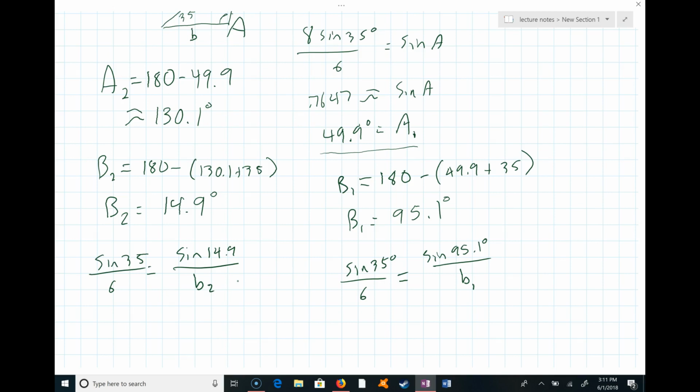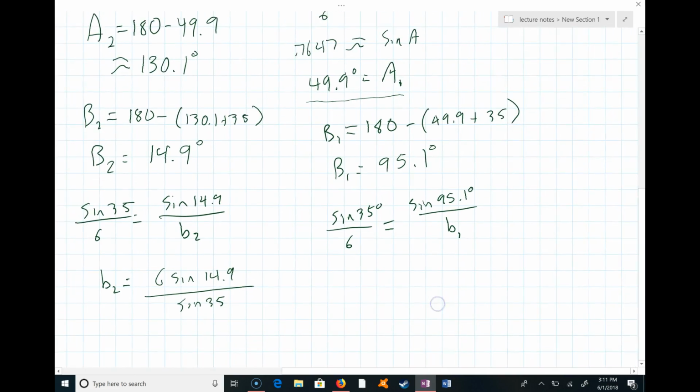So in the end, we're going to get b sub 2 is 6 sine 14.9 over sine of 35. And over here, b sub 1 is going to be 6 sine of 95.1 over sine of 35. I'll throw out my calculator real quick. 6 sine of 14.9 divided by sine of 35.